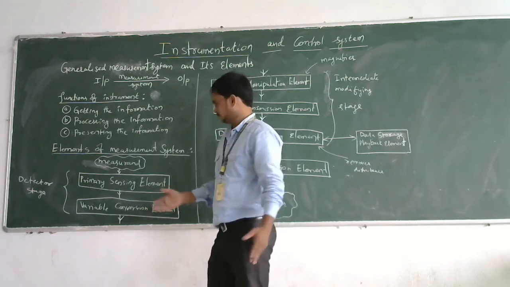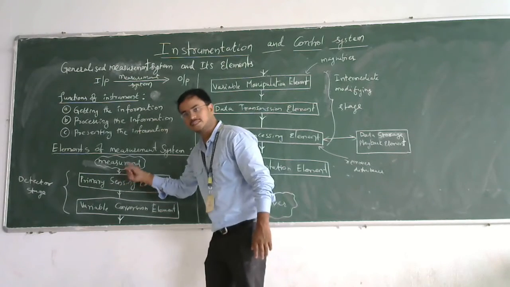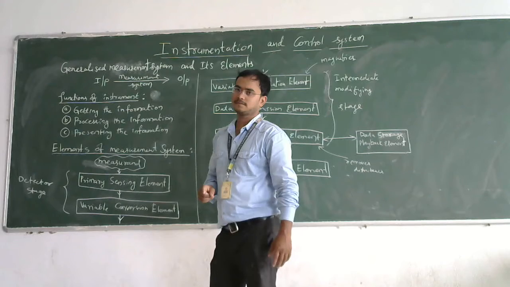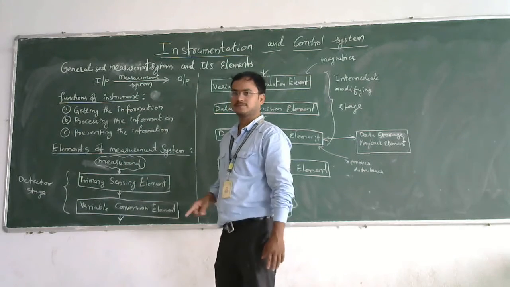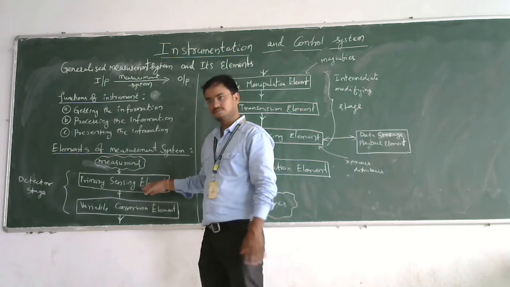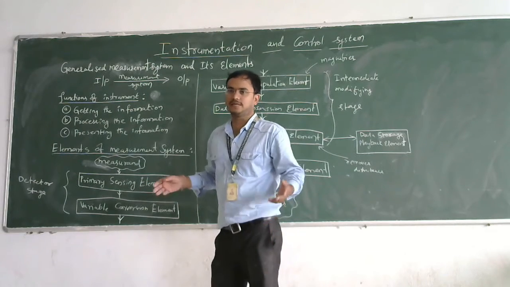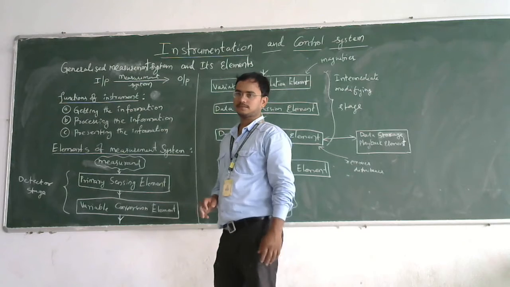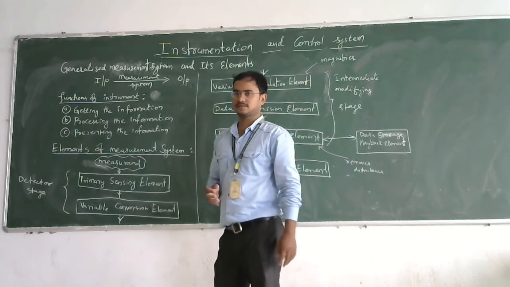Because very simple: the primary sensing element is absorbing some energy from the measurement. It will make use of energy from the measurement. That's why it will not produce exact results. Definitely we will find errors in measuring certain quantities.